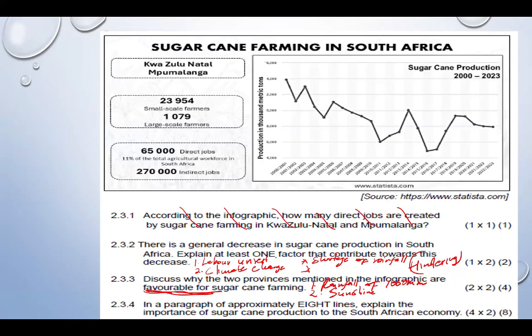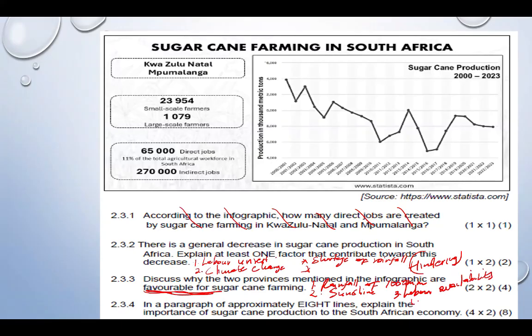Sunshine, that's number two. Sugarcane requires a lot of sunshine for it to grow. You're also looking at labor availability. There are people that are working on those sugarcane farms.